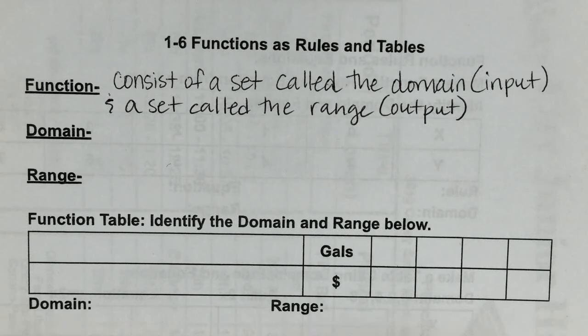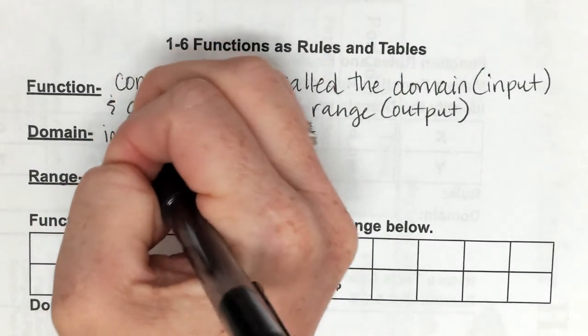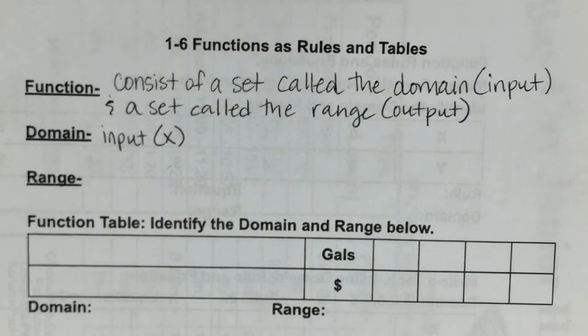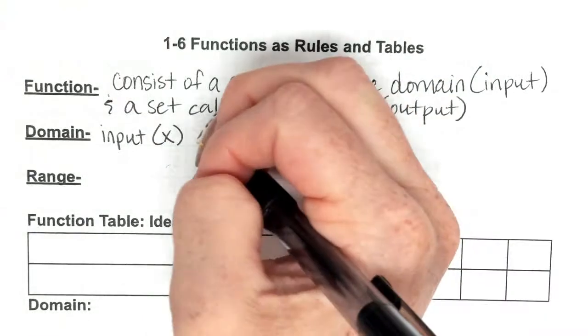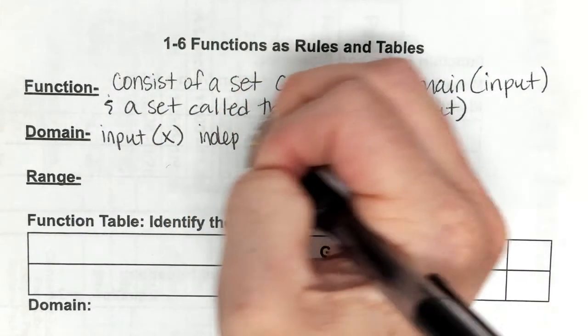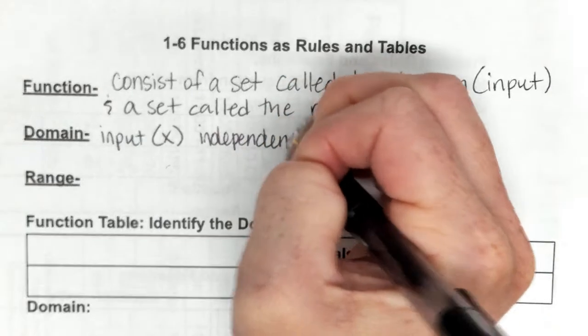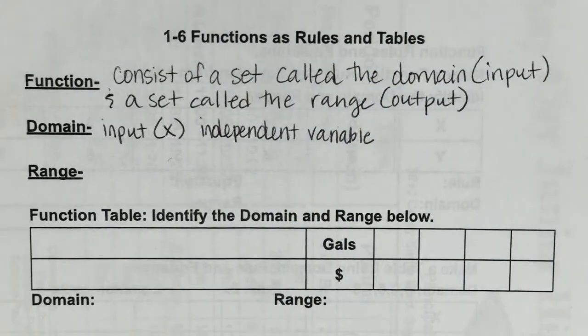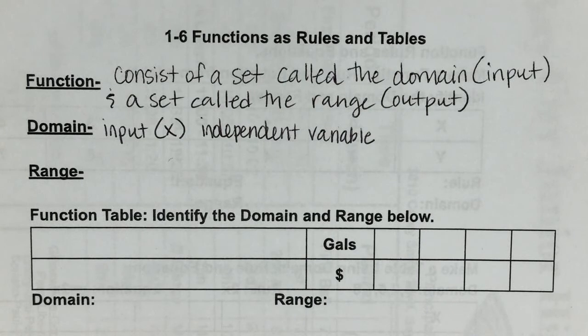The domain is the input, which are your x's, also known as your independent variable. And you should have learned about independent and dependent variables last year, yes or no? Yes. Some in science and some in math.